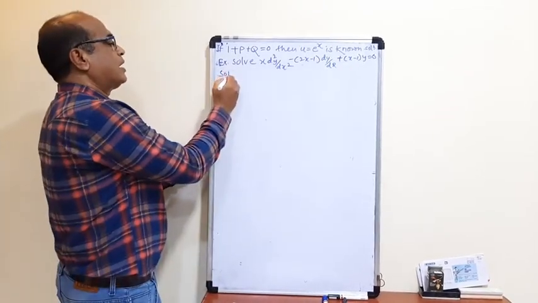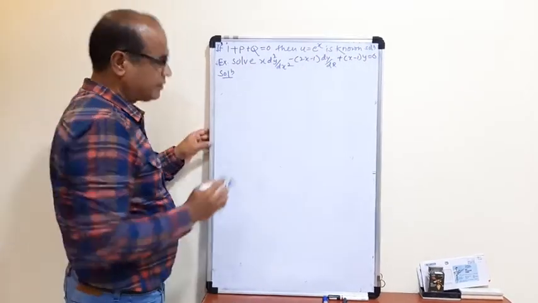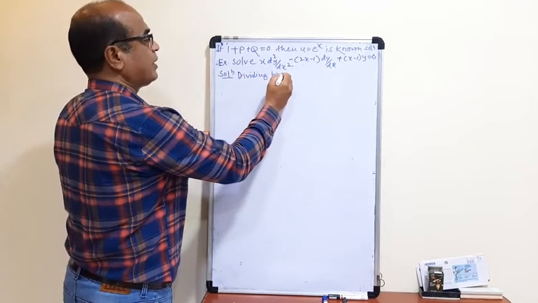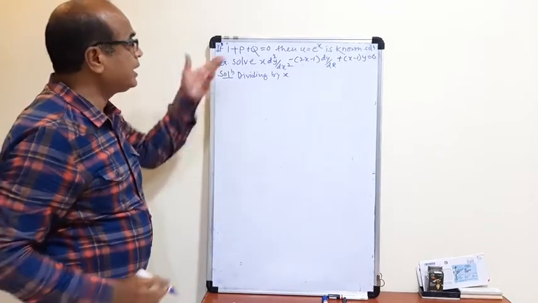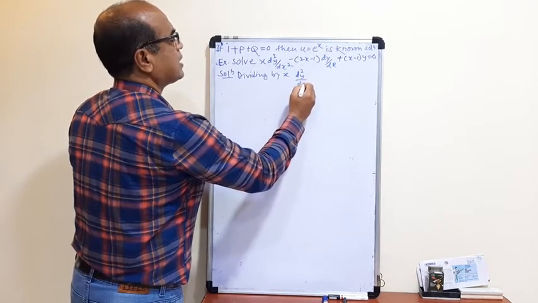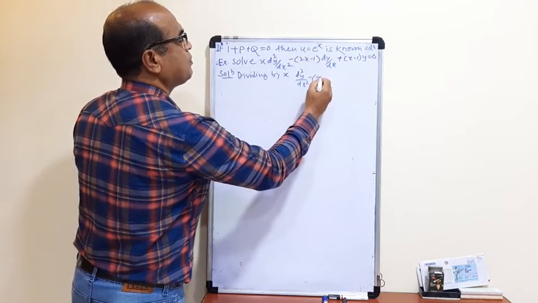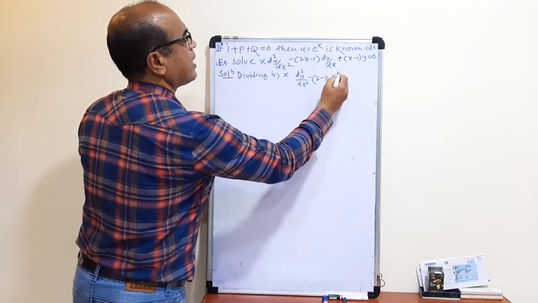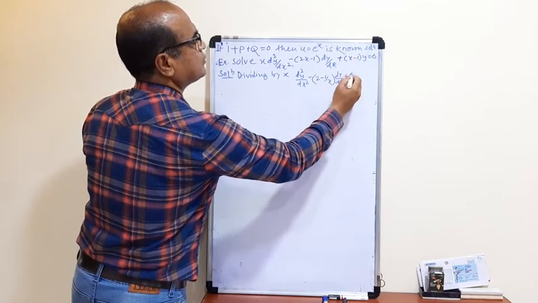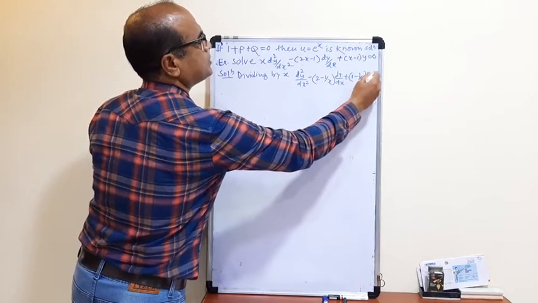Solution: dividing by x throughout, the given equation can be written as d2y by dx square minus (2 minus 1 upon x) dy by dx plus (1 minus 1 upon x) y is equal to 0.